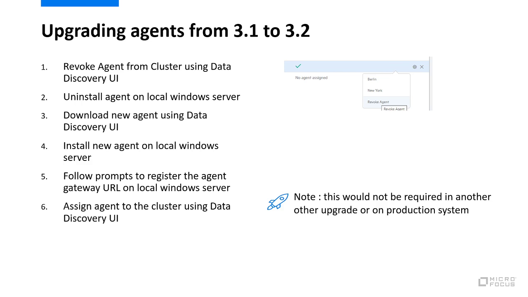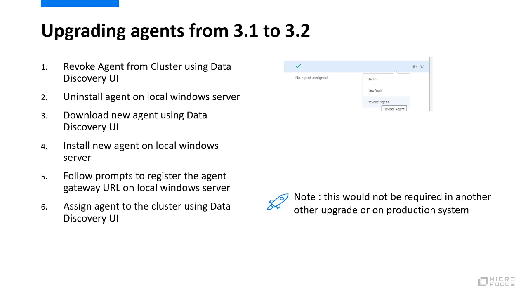Then uninstall the existing agent on the server, download the new agent through the normal process, and install that agent on the local Windows server. We always recommend running that installation as administrator on the Windows server. Then follow the prompts to re-register that agent with the gateway URL on the Windows server, and then finally assign that agent to the cluster.